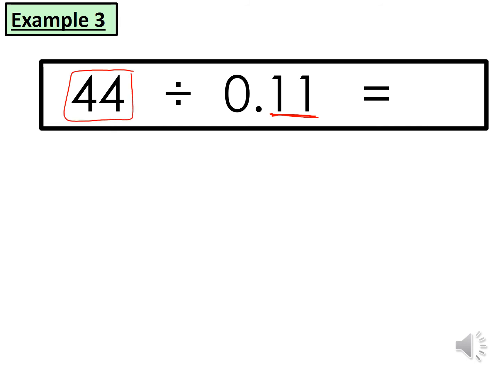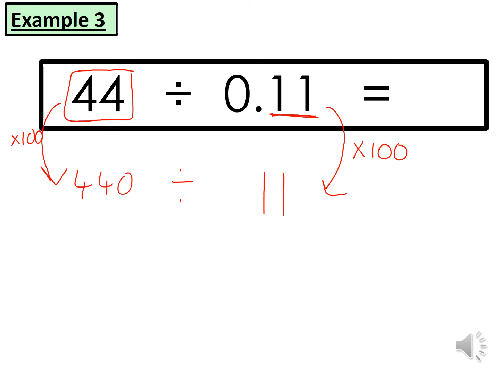When we have two decimal places, we must multiply it by 100 to move it 2 places to the left. That turns into the whole number 11. Now we also must multiply the left hand side by the same number, 100, and we get 4,400.